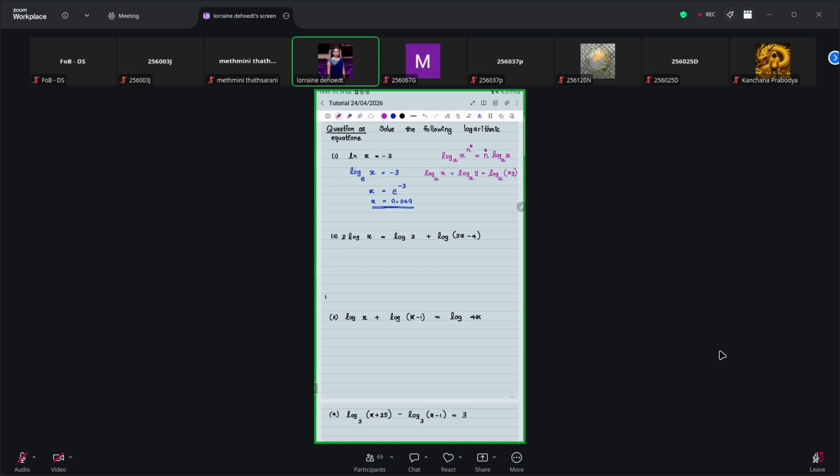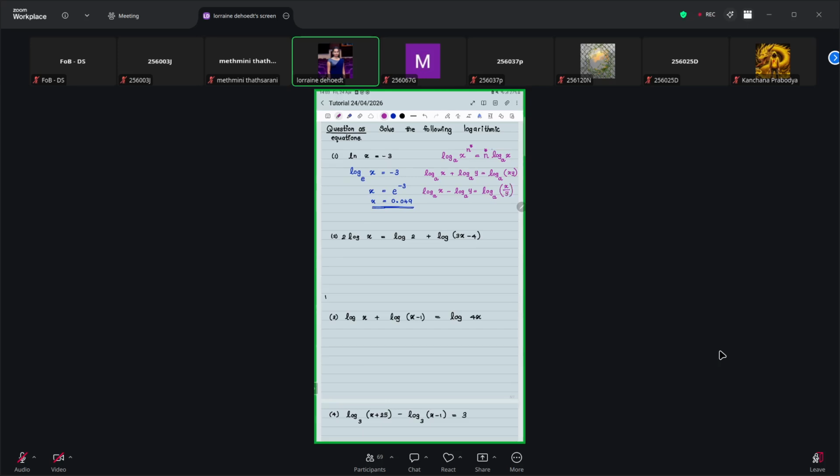And also, if the bases are equal and you get the subtraction of the terms, then you can write this one as the ratio.